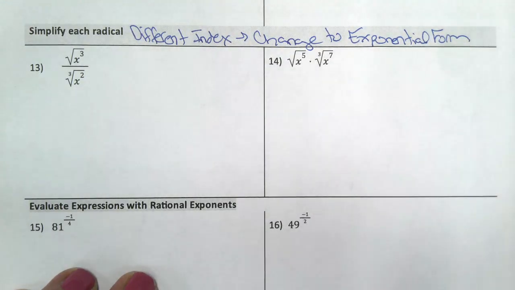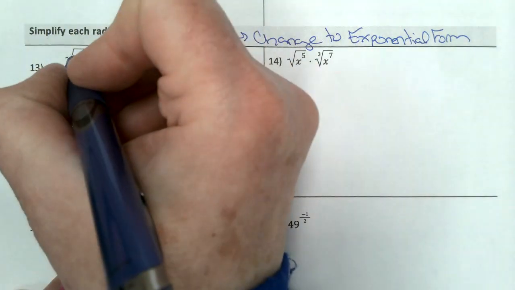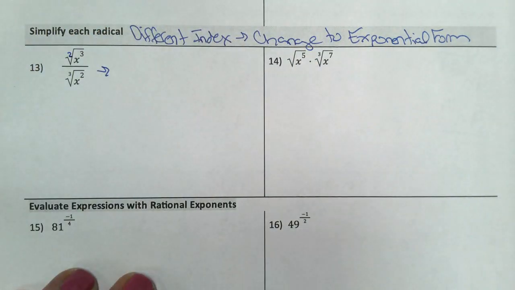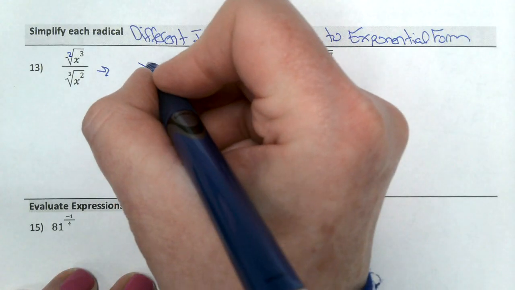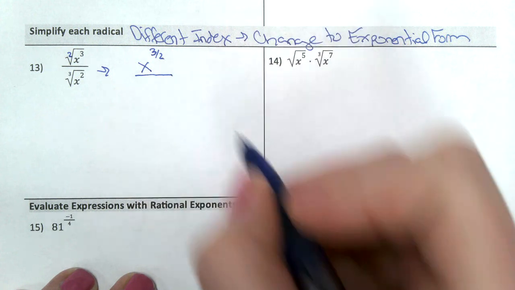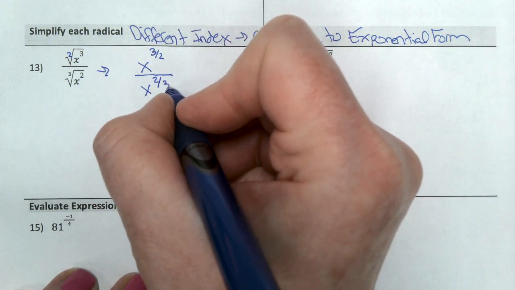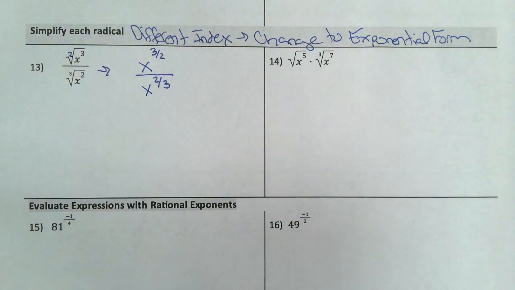So in the numerator, I have an implied index of 2. So the numerator is x to the 3/2. And then the denominator is x to the 2/3.